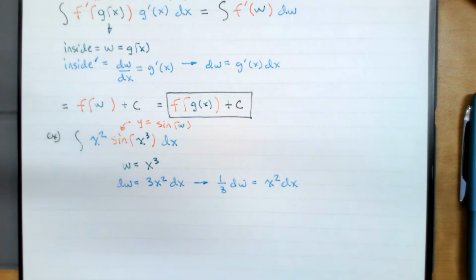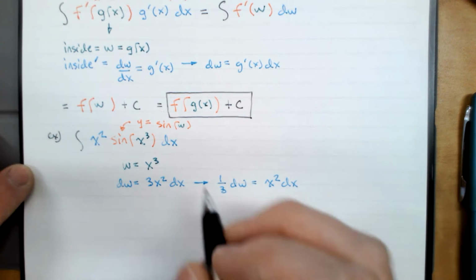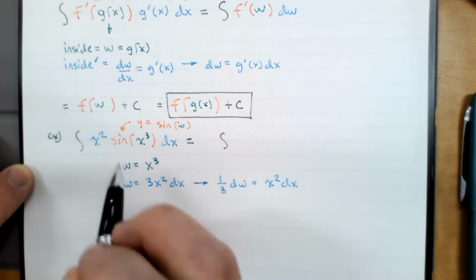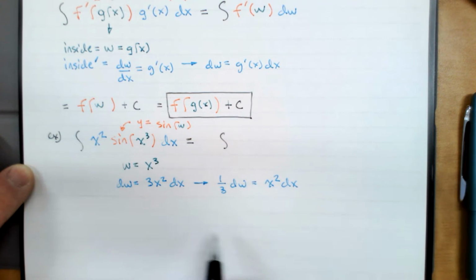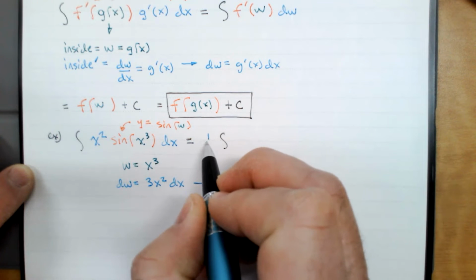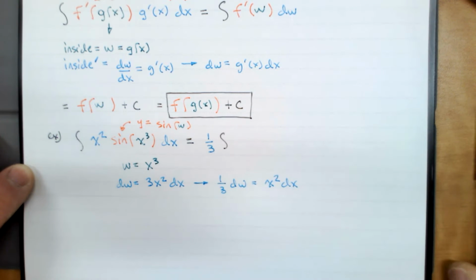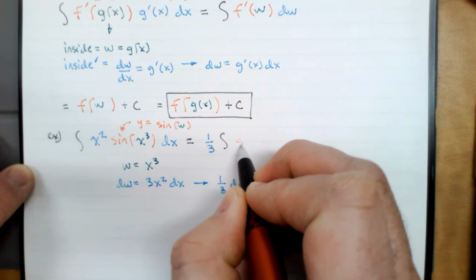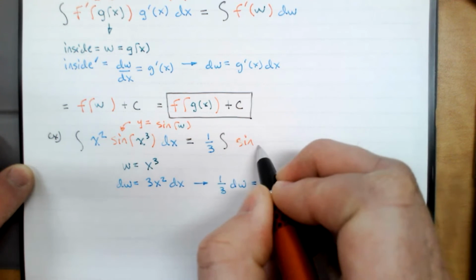Let's move forward and make our substitutions. So x squared and dx gets replaced with a 1/3 and a dw. The function that I'm integrating is sine. That sticks around.